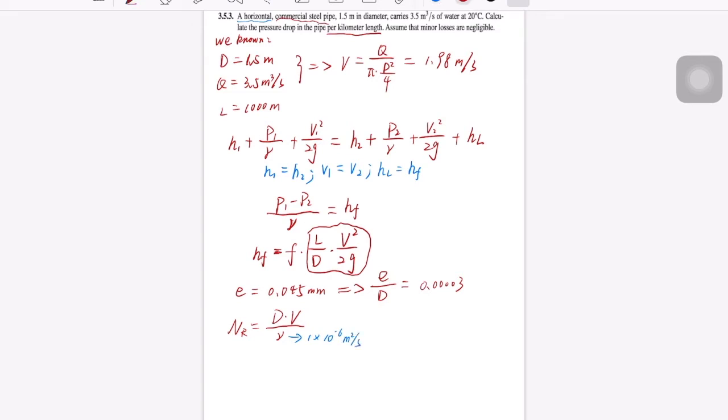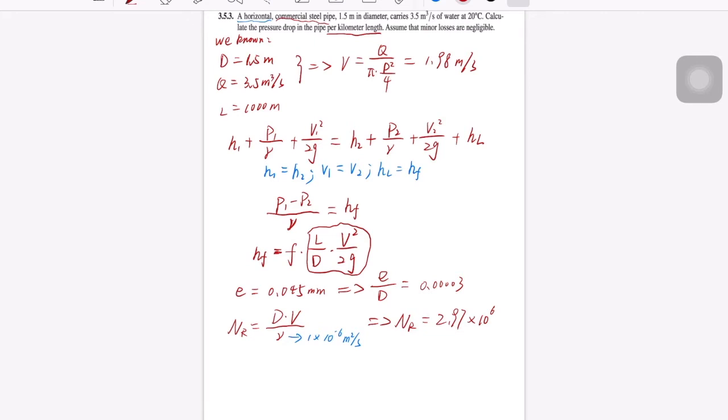So we can get a Reynolds number of 2.96 times 10 to the power of 6.